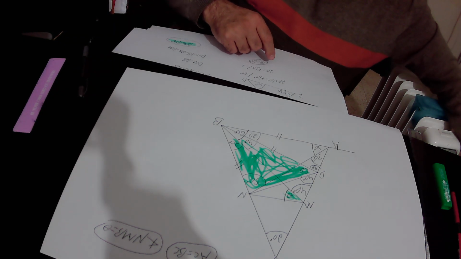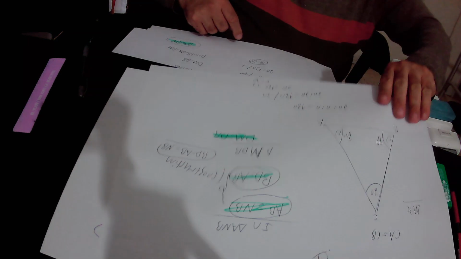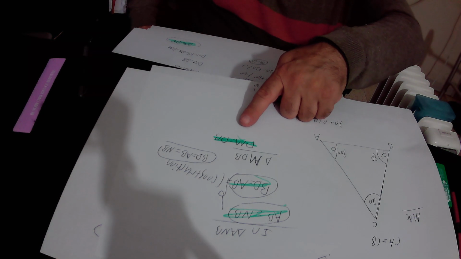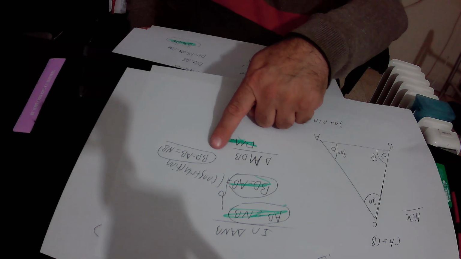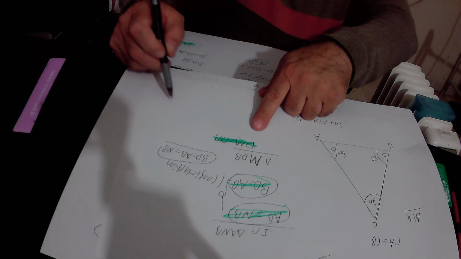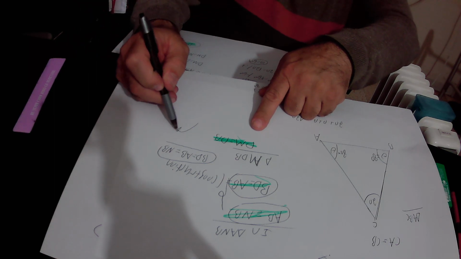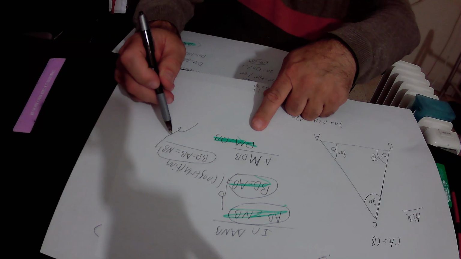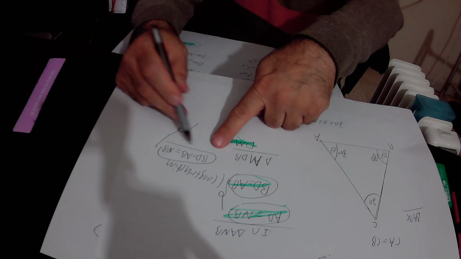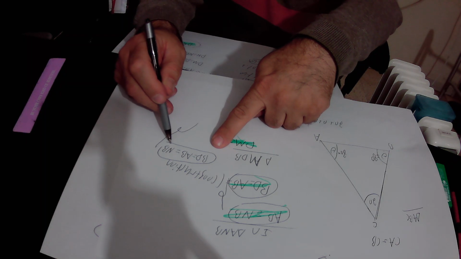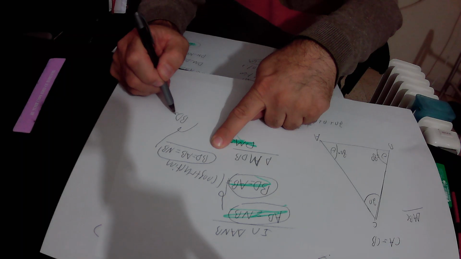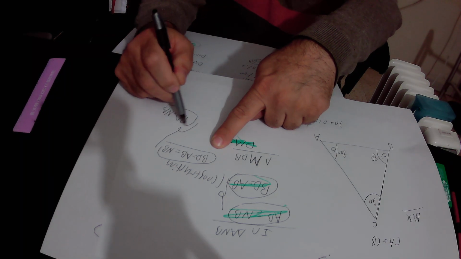Here, see that DB equals DM, but BD also equals NB. Therefore, from those two equations, we derive that BD equals NB. Okay.